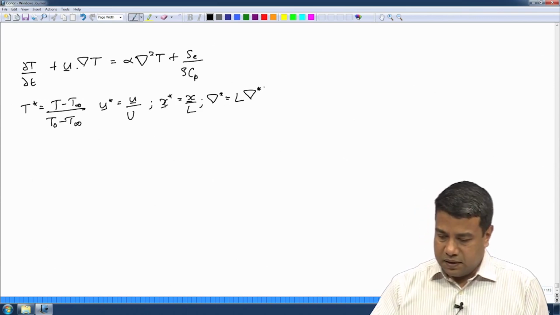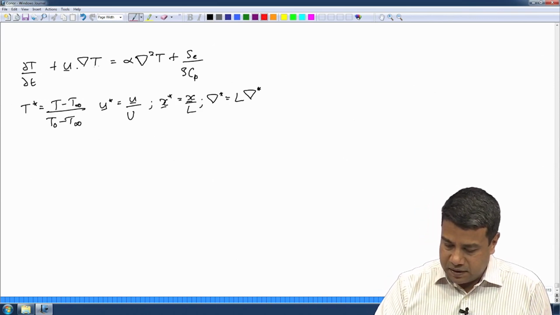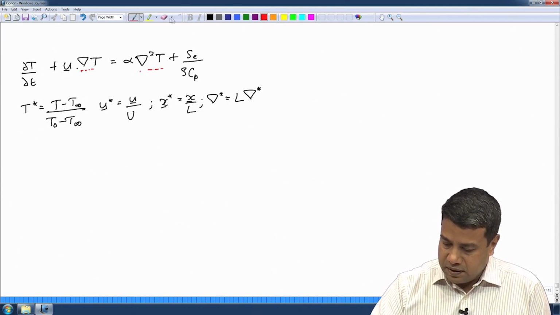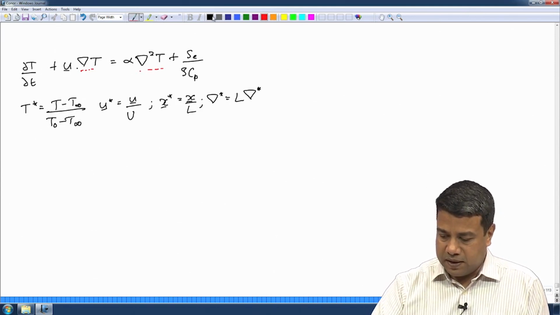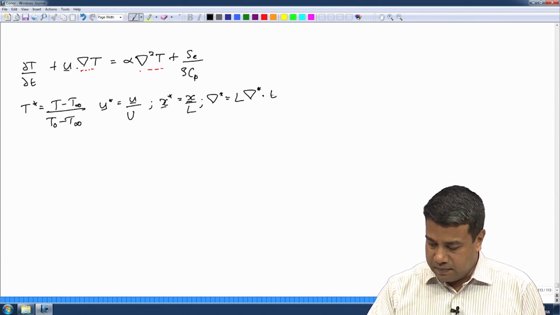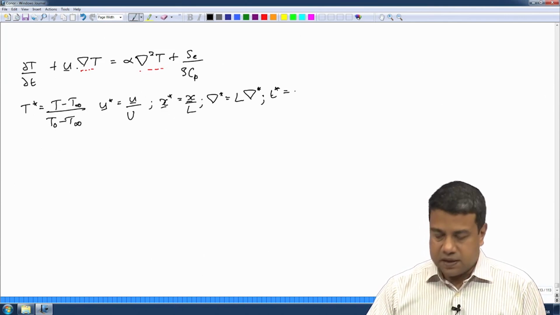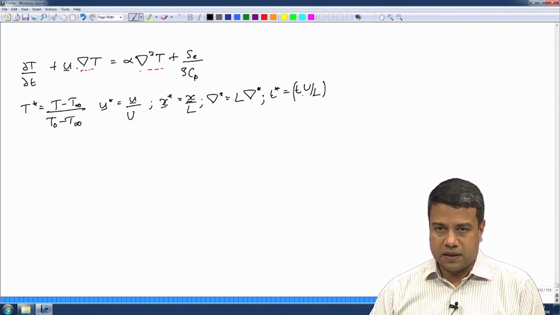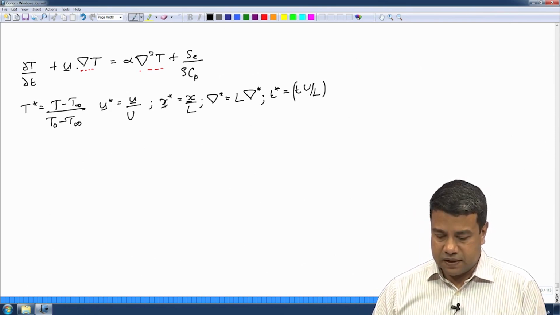Here this first one is the gradient of the temperature, the second one is the Laplacian, and I had explained to you what those things mean. And if you do that, you also have to scale time. The only time scale that is available to you is L by u, either L by u or L square by alpha. In this case, we will scale it by the convective time.